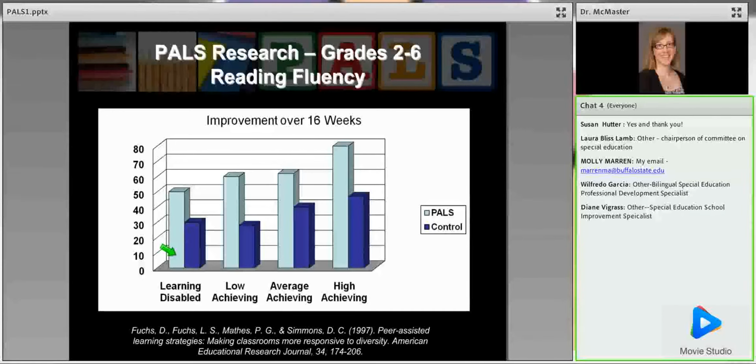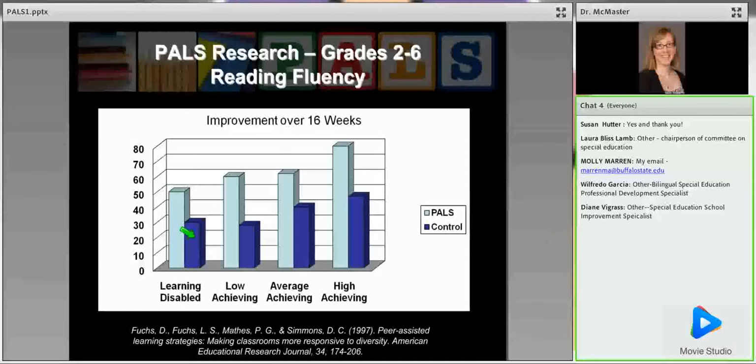So anyway, back to this graph, what you see on the y-axis again is the gain that kids made over 16 weeks. And then we have kids of different learner types, so kids with learning disabilities who are included in the general ed classroom, and kids who are low achieving, average, and high achieving in terms of reading. And what we see is a larger gain for the kids in PALS classrooms compared to kids in the control classroom.